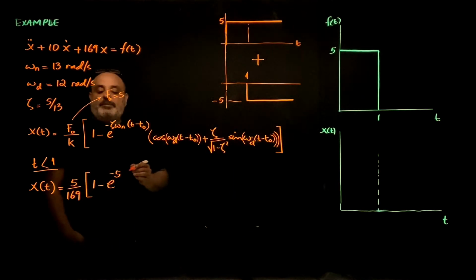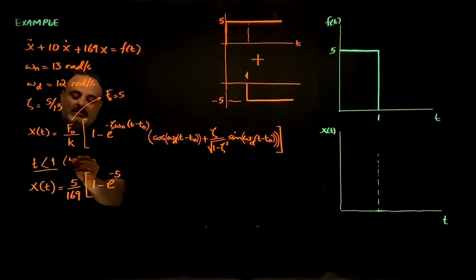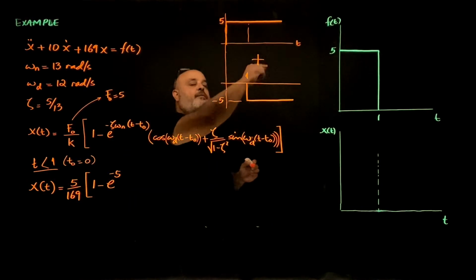Step 5 applies at time t0 is 0. That's the beginning of the step function here.